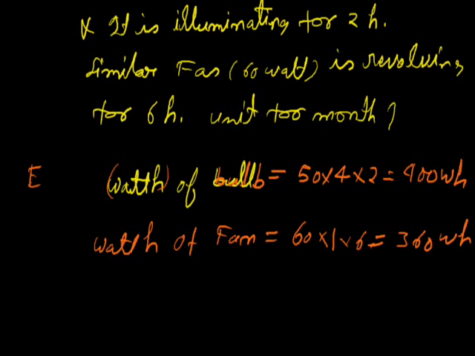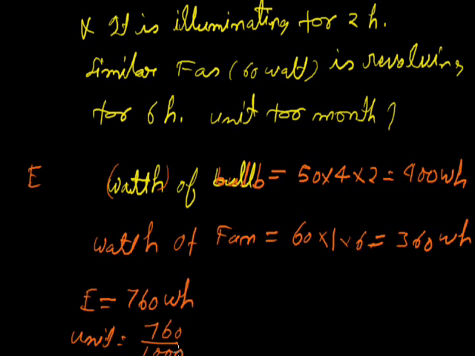Now the total energy in watt hours will be 760 watt hours, and we need kilowatt hours, so the unit will be equal to 760 upon 1000, but it is only for one day.